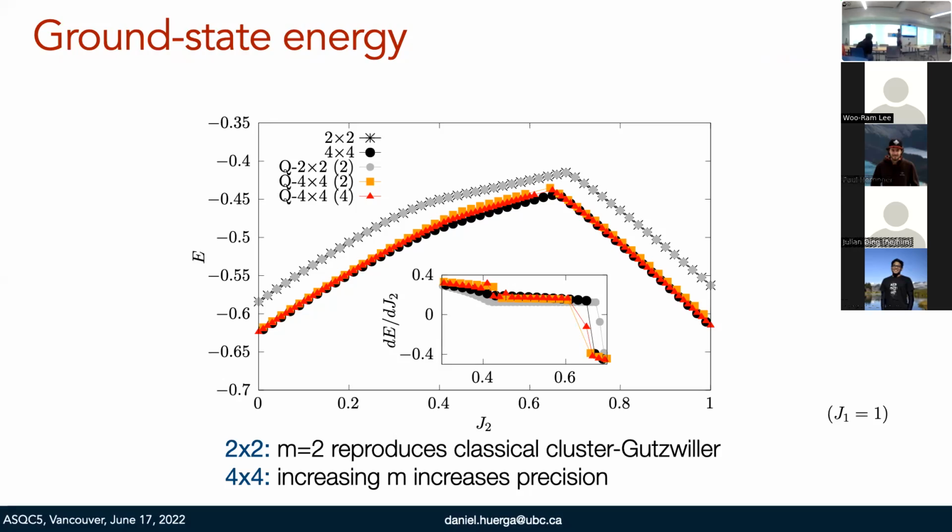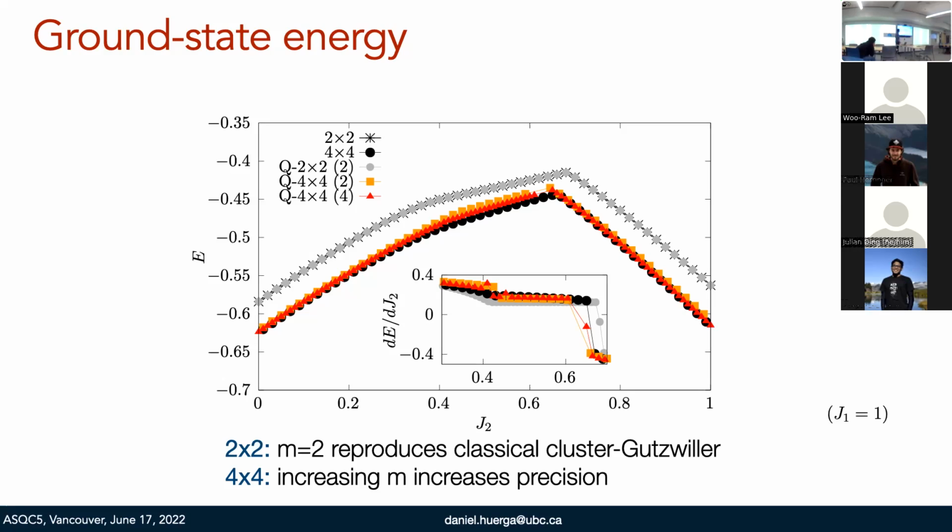So first of all, we can see that with just 2 macro layers, in the 2x2 case, we can exactly reproduce the numerical results of the classical cluster-Gutzwiller approach. We can reproduce also, therefore, the derivative of the energy, which shows a continuous first derivative around 0.4.